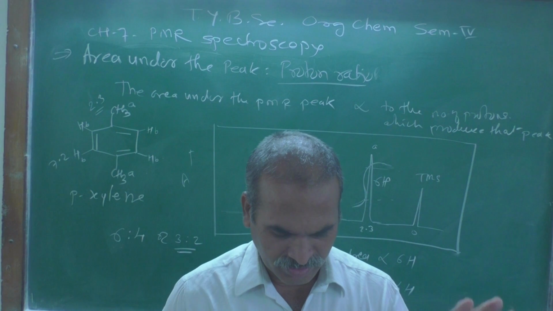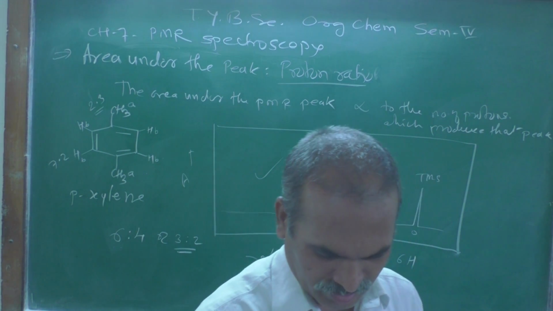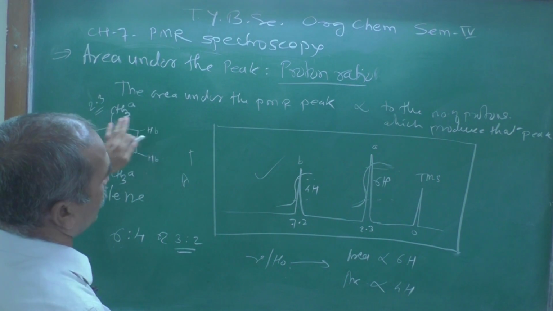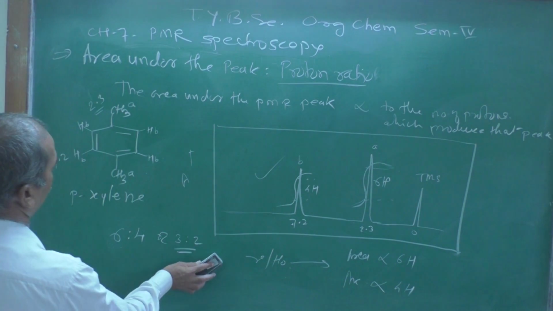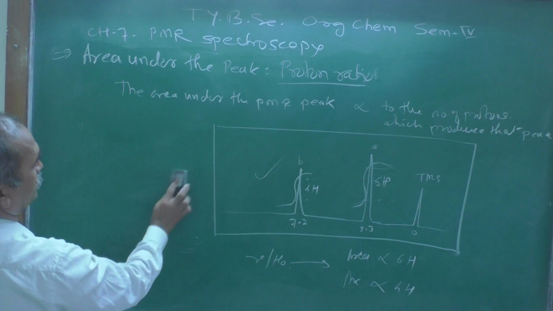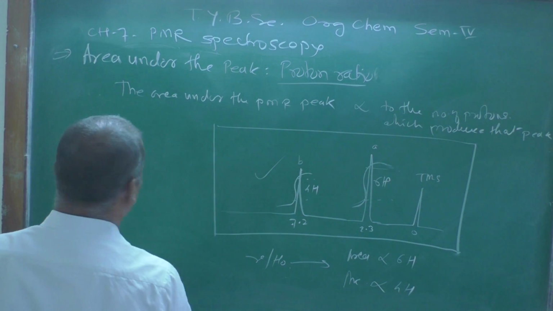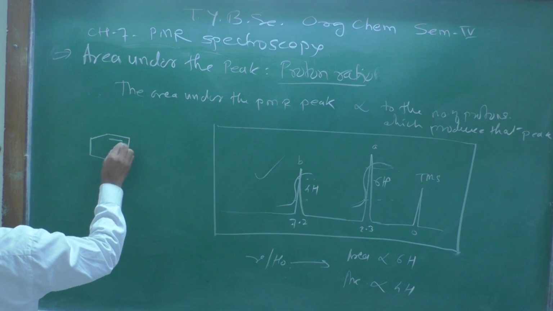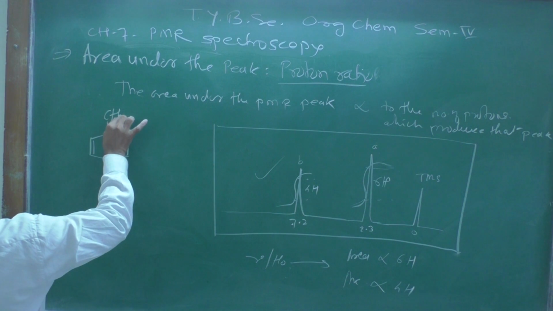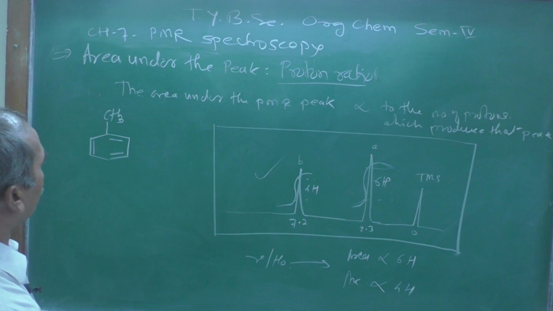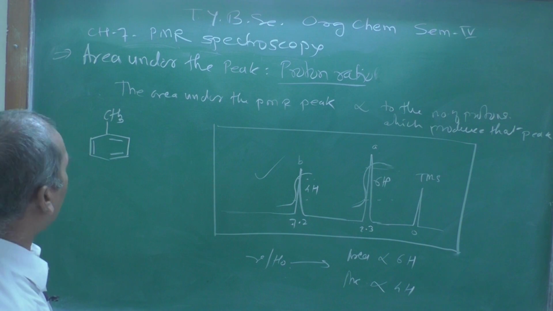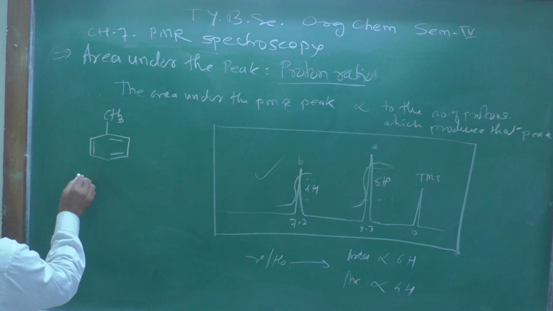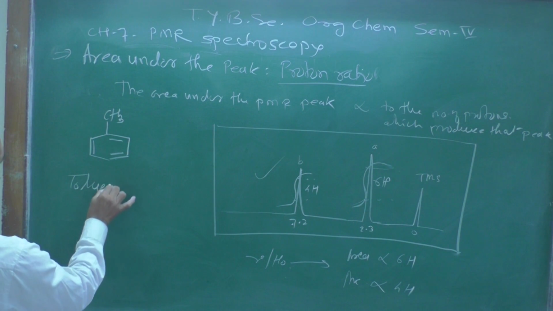PMR spectrum of toluene. Let us see the PMR spectrum of toluene. Just now we have seen the PMR spectrum of paraxylene. Let me draw another structure, the structure of toluene. One of the hydrogen atoms gets replaced by the methyl group and the structure is known as toluene.